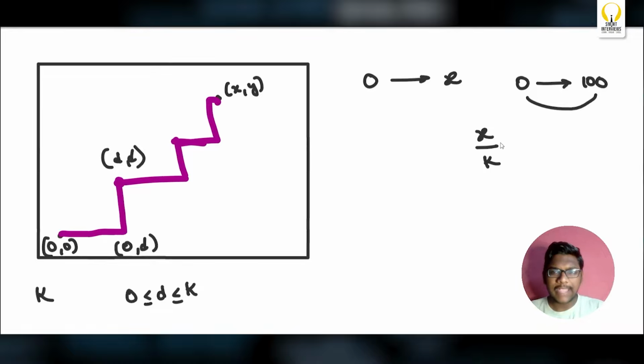Simply you can say x by k number of moves she is going to make. In fact, this is not just x by k. X by k will give us the integer value, but this is the case that I am discussing about. If you are at 0, if you want to reach 100, if you just write 100 by 3, if k is 3, it will give us, sorry, 33.